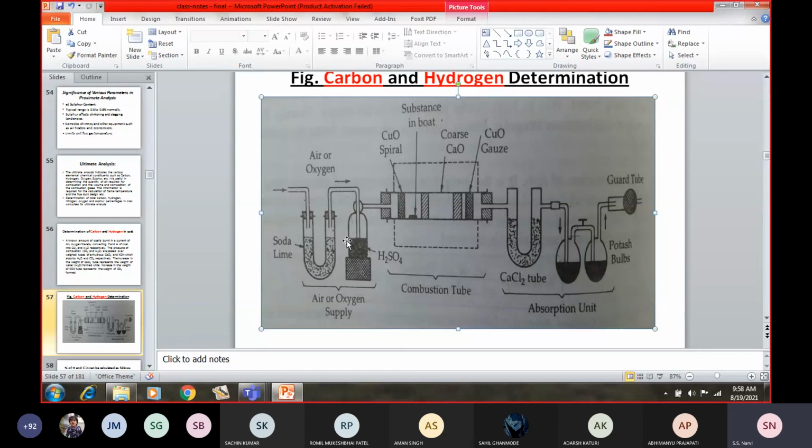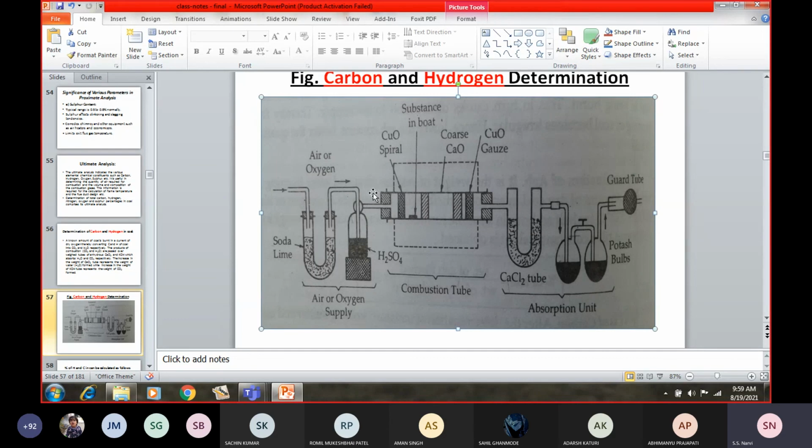So whatever moisture is there will be absorbed by the sulfuric acid or the anhydrous calcium chloride tube, and then it enters into this. So the oxygen entering here for the combustion process is free from carbon dioxide and moisture. Why is it needed? Otherwise it will be added into the combustion products of carbon and hydrogen, which you are determining. So you have removed the trace of carbon dioxide and water from here.